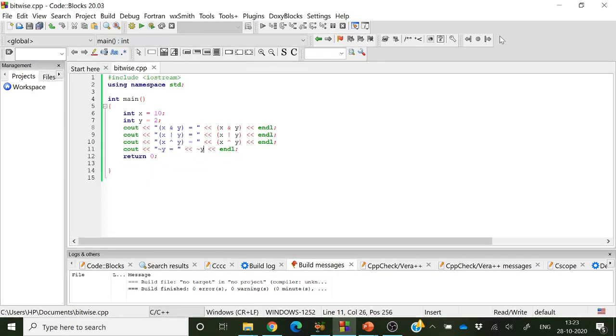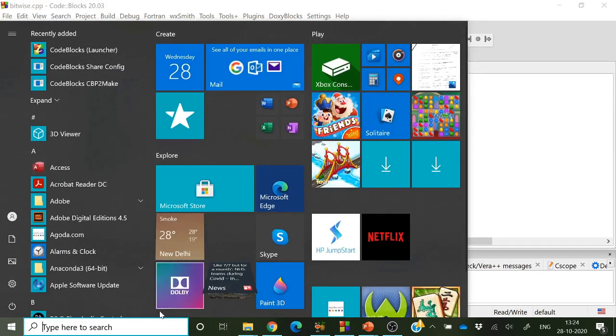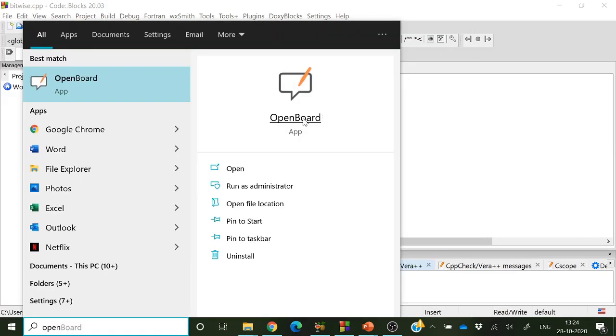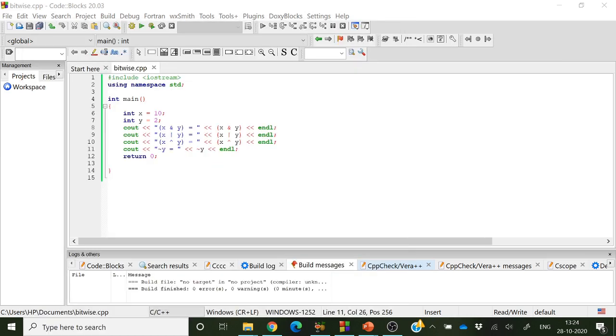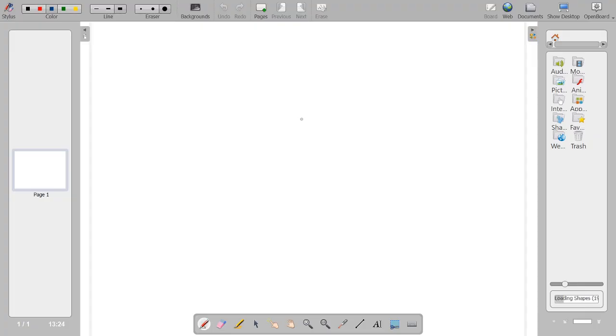How is this -3? This can be understood when we write it in the form of binary numbers, in the form of bits. Let me open the OpenBoard software.